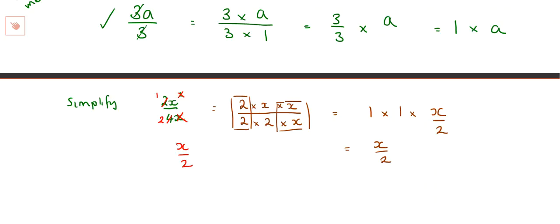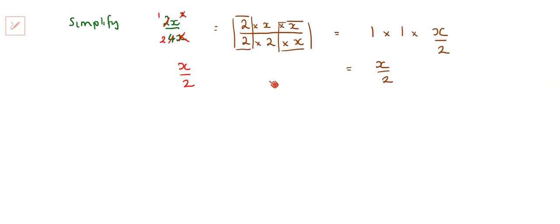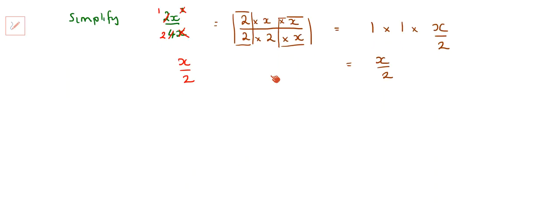Let's do B and C as well, just in case. Are you ready? Next one. So we've got 6xy over 3x cubed. And I'll do it the long way.